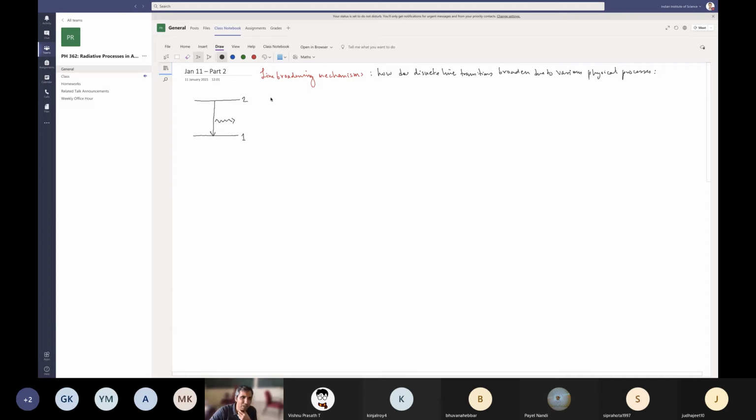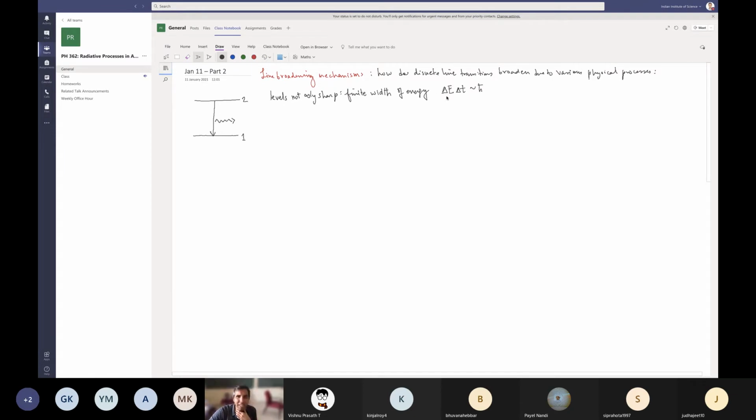Now, these levels are not infinitely sharp. They have finite width of energy, and it's governed by the energy-time uncertainty: delta E delta T is of order h cross.